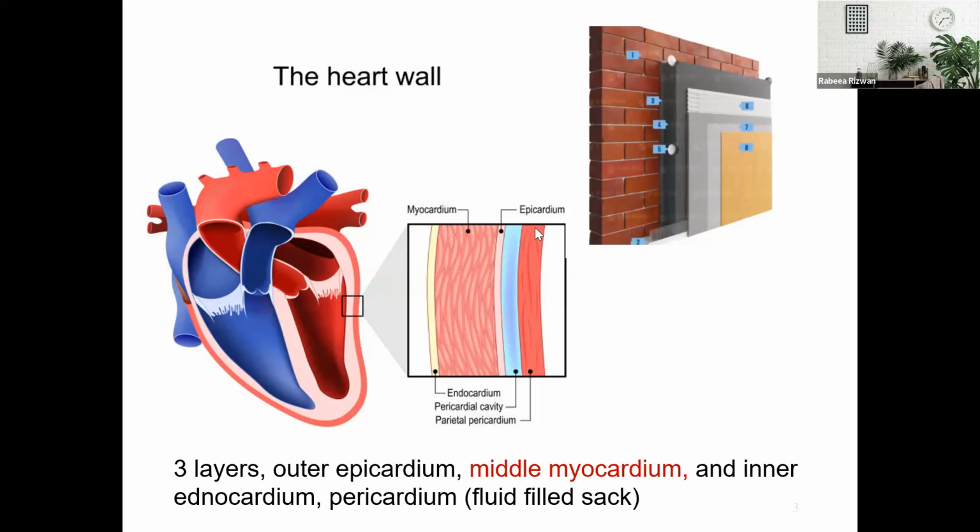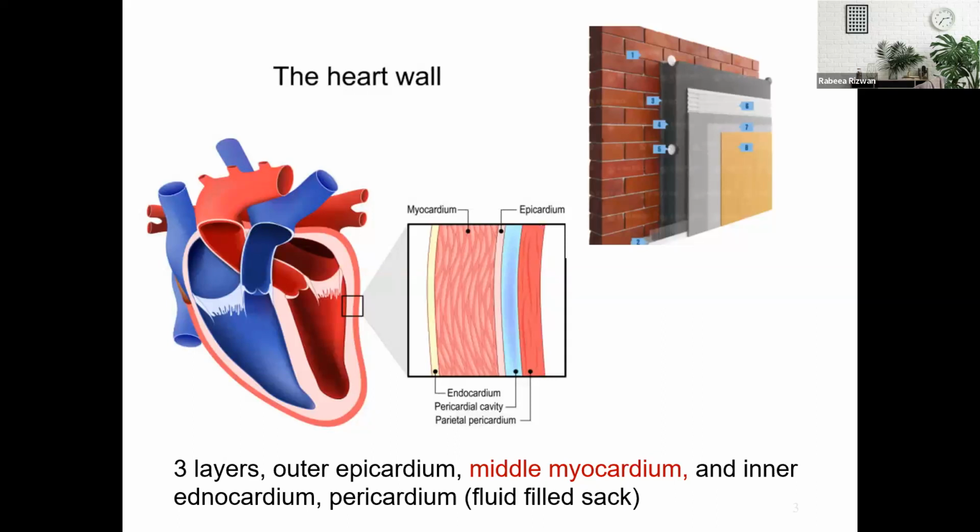The outer is the epicardium. The middle is the myocardium, which is called that because it is composed of specific muscle cells. So myo means muscle, and epi means outer. The third, the innermost, is called the endocardium. Endo means inner, and cardium refers to the cardiac layer.